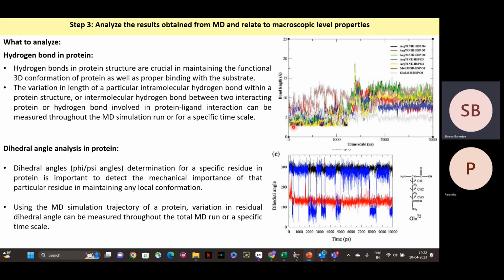There, we can see which hydrogen bonds are stable throughout the time, meaning that they are very crucial for the conformation of the protein, and which hydrogen bonds are breaking, meaning they are not that important. So this variation in length of the intramolecular or intermolecular hydrogen bond can be measured through the MD simulation run for a specific time scale.